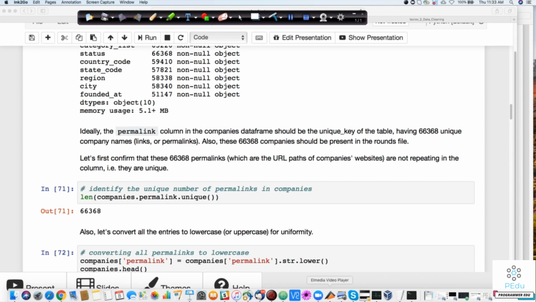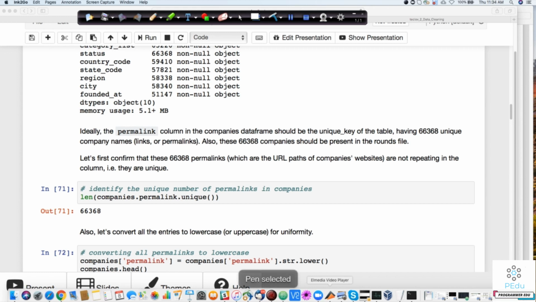Or you might notice that we have more data in the rounds data frame, because there is a possibility that one company occurs two times in it. Maybe company A gets Series A funding and Series B funding both, so both pieces of information will be available in rounds. But in companies there will be only one entry for company A. That is a possibility when we see the data, so let's go and explore.